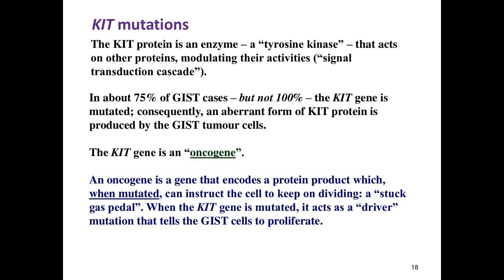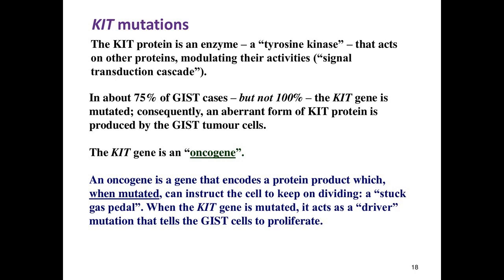As I mentioned already, most GISTs, not all, but most GISTs, carry a mutation in the KIT gene. The consequence is that they produce an unusual form of the KIT protein, and that mutated KIT protein drives the growth of the tumor cells. So the KIT gene is one of many genes that have been identified and put into the class of oncogenes.